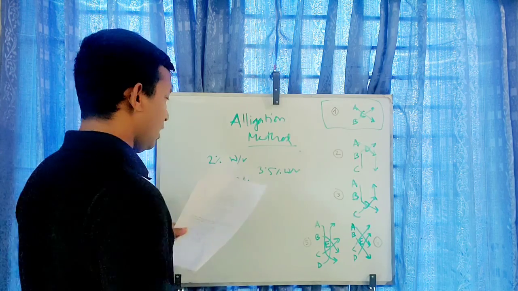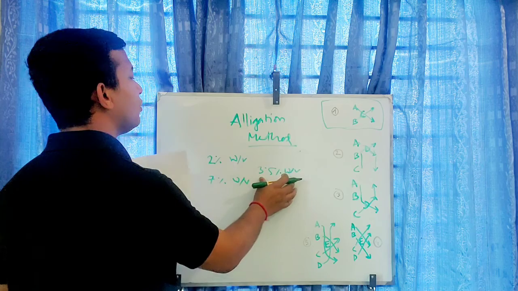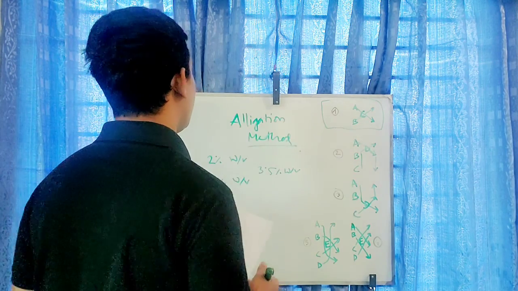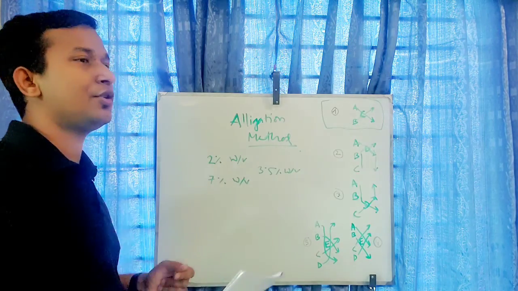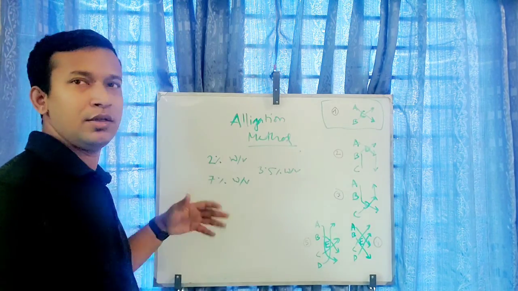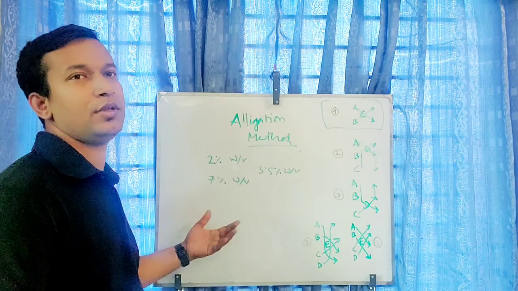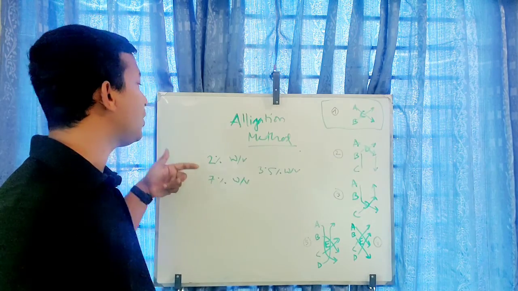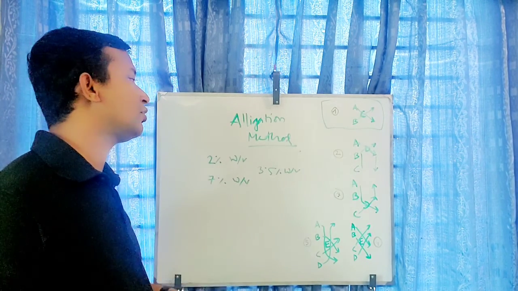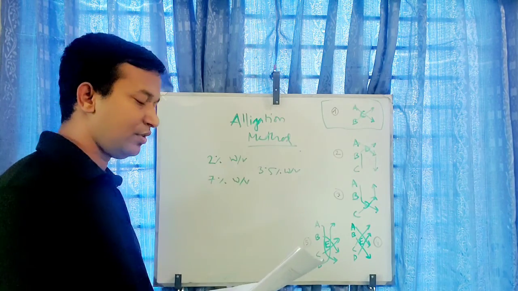Now they ask, if we want to make 1 gallon of 3.5% W/V solution, how much of each one is to be mixed together. So they are asking not only the ratio, but how many milliliters of each item will be mixed to produce 1 gallon of 3.5% W/V solution.